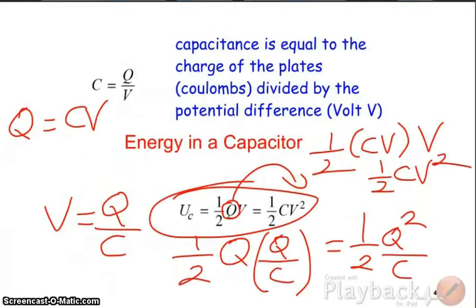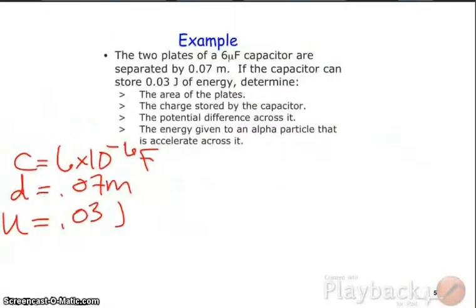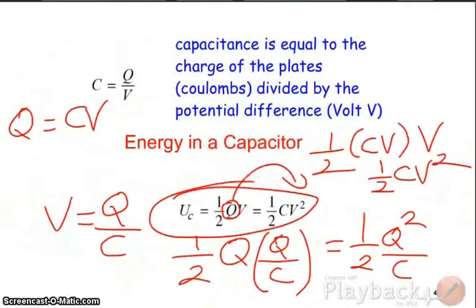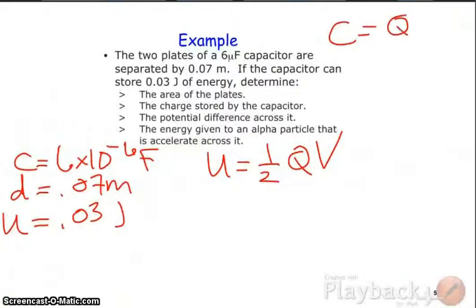So if we have U equals 1/2 QV, and C equals Q over V, and C also equals epsilon A over D.